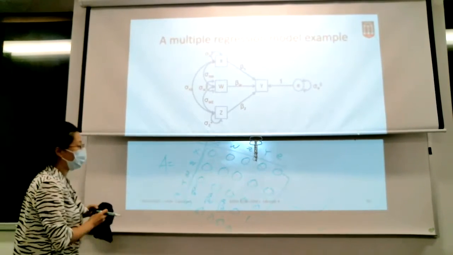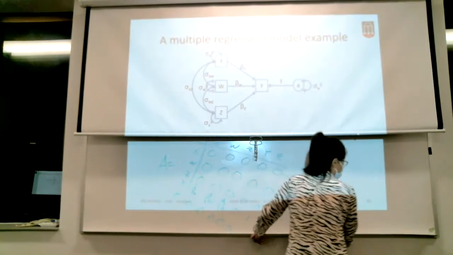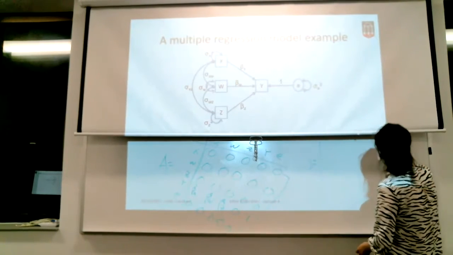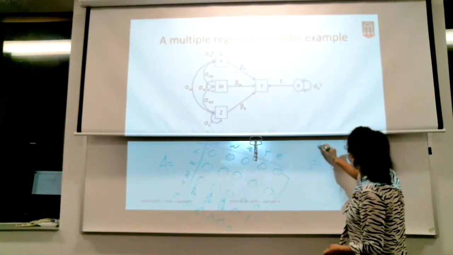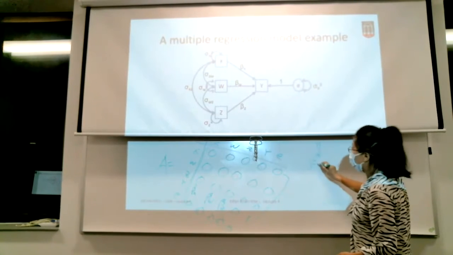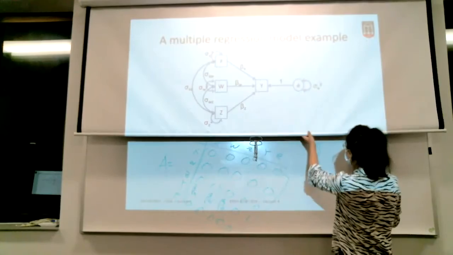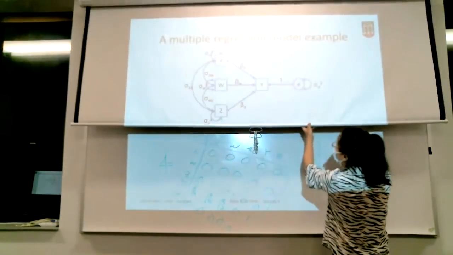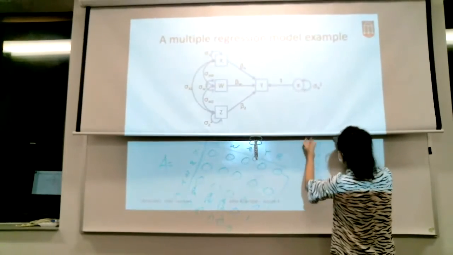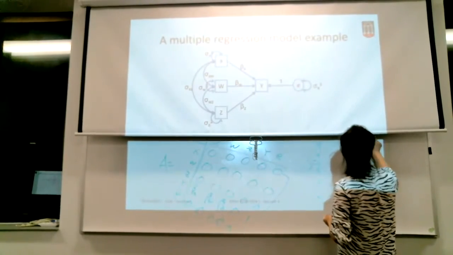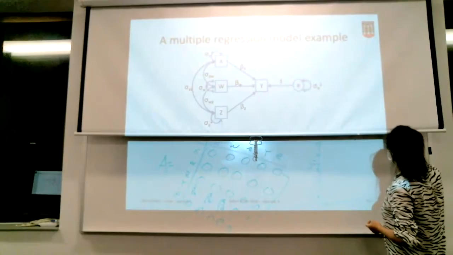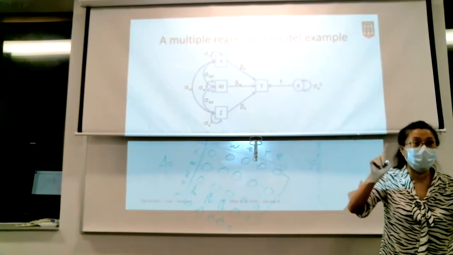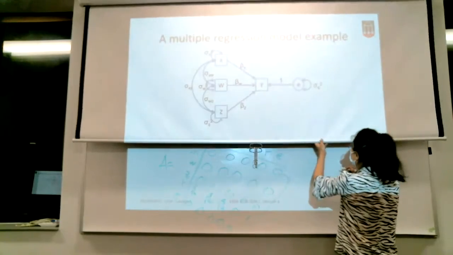This is our A matrix for multiple regression. And how about S? Again, it is X, W, Z, Y, E. From X to X, is there any double-headed arrow?